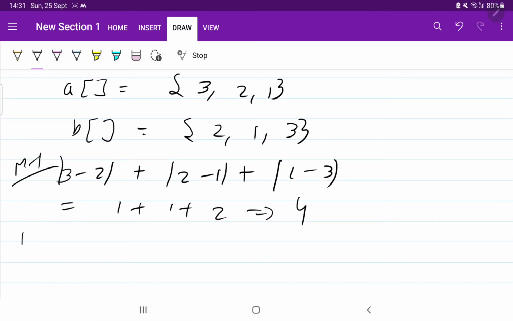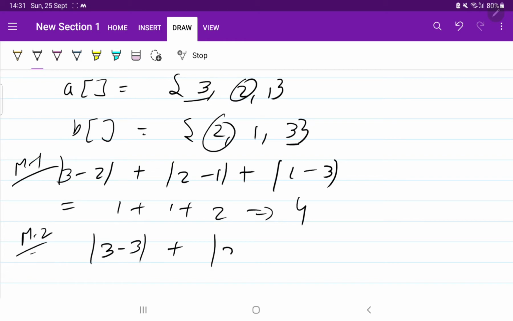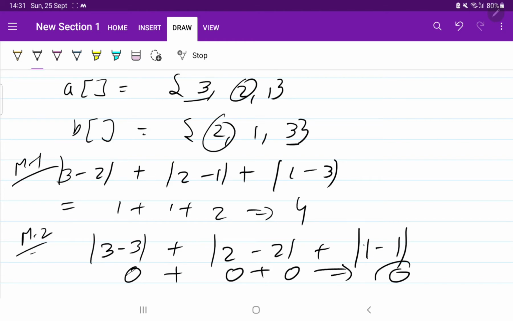Suppose this is method 1. Let us try to subtract 3 with 3, 2 with 2, and 1 with 1. So what you are going to get: 0, 0, 0. Yes, this time we got the minimum, that is 0.